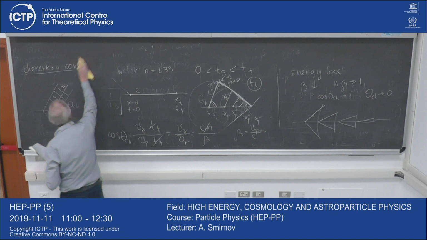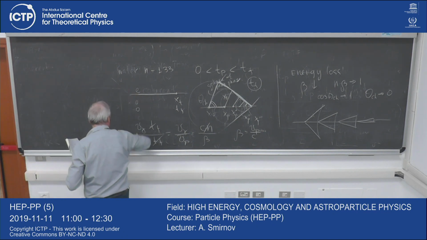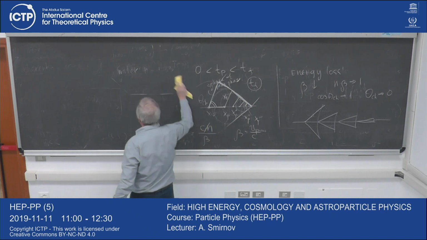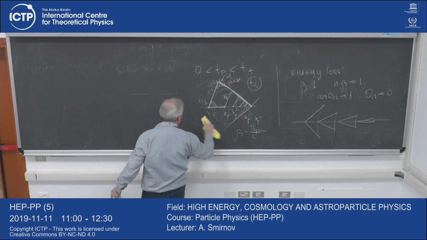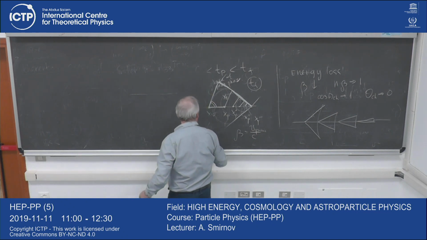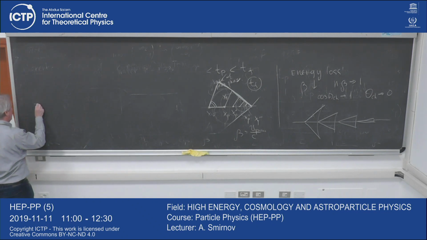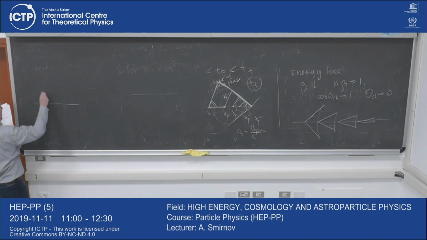Now let me comment on the case when you have the velocity of the particle smaller than the phase velocity of light. Then instead of such a picture, you would have the following, again the particle. So this is the sphere of equal phase at the initial moment.